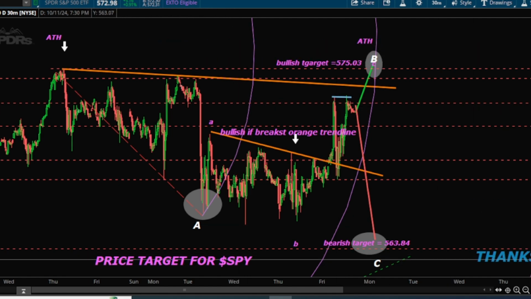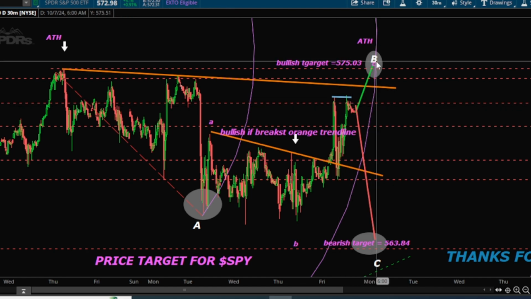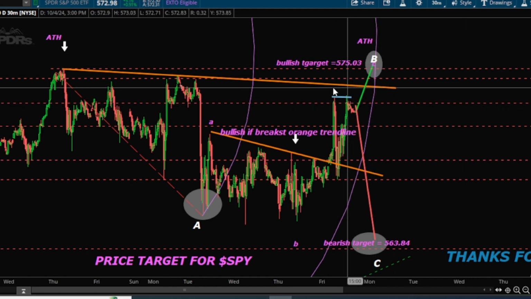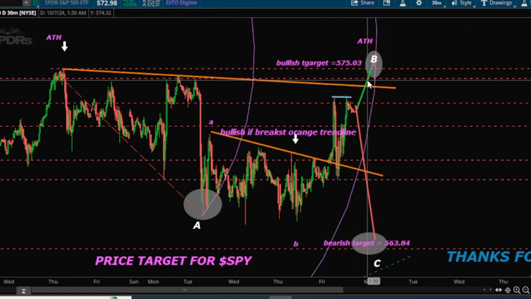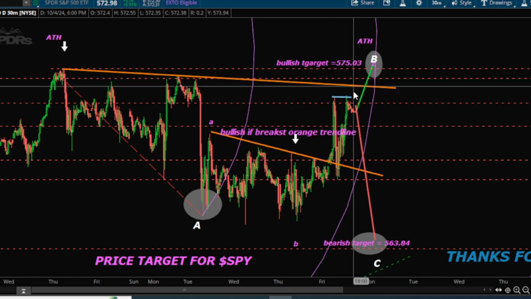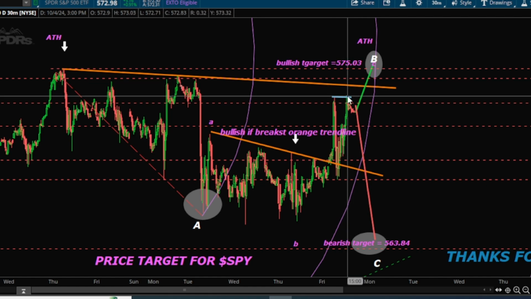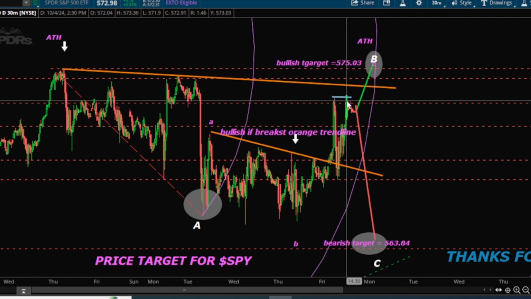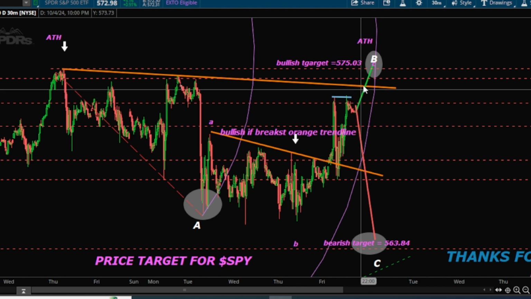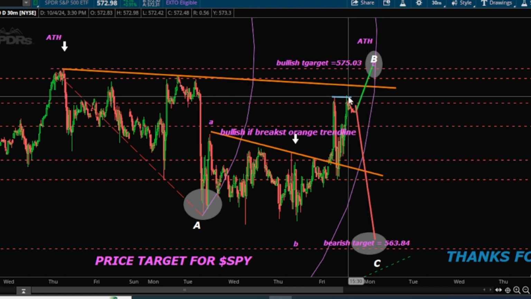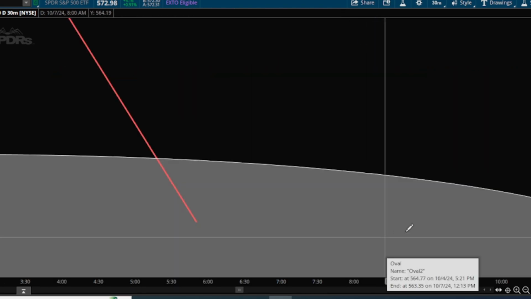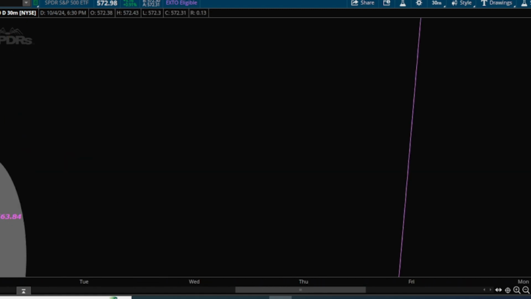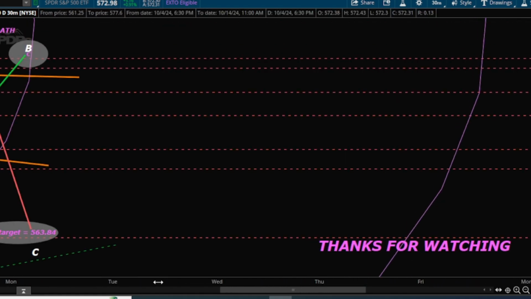Now it still has to break this trend line and this resistance line here at 574, but I would say if it breaks this blue line, that's really the significance here, because that's the start of a new wave if that happens. So then if it doesn't break, then our bearish target is still 563.84, the same as it was on Friday. Okay, but that's about it. That's where we're at.